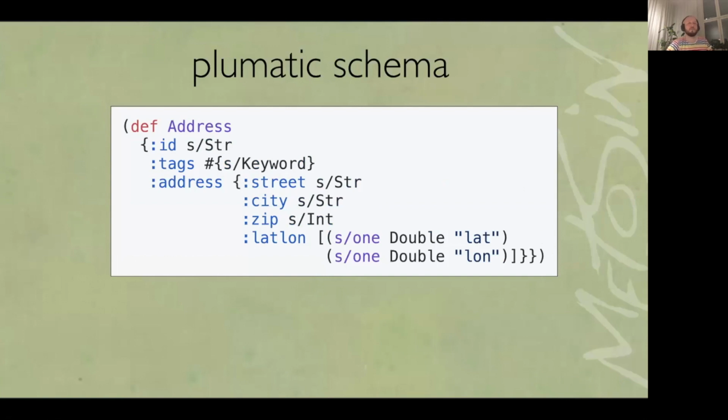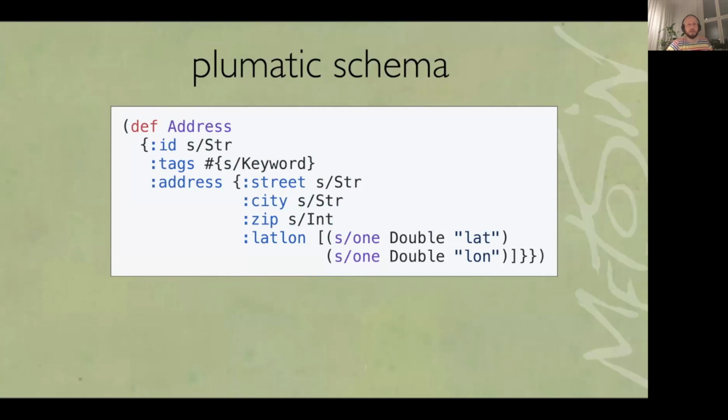Instead of the value, we give either a class or the schema record type, which describes what it should be. And tags, for example, is a set of keywords. This is really elegant and beautiful. Since we started using Clojure and Plumatic Schema was announced, we have been using that ever since, and are still using that in many projects.